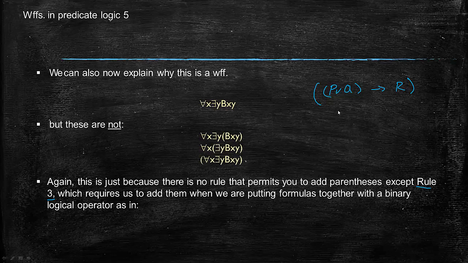So in predicate logic, that would say that if you have, say, a formula like Fa and another one like there exists an x, Fx, if you want to put them together, you're going to have to add parentheses. That's how parentheses get added.